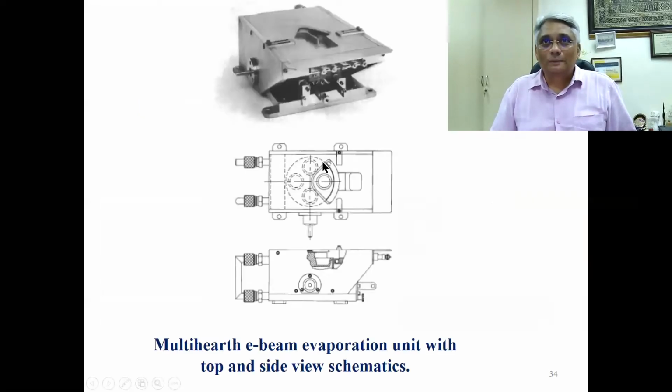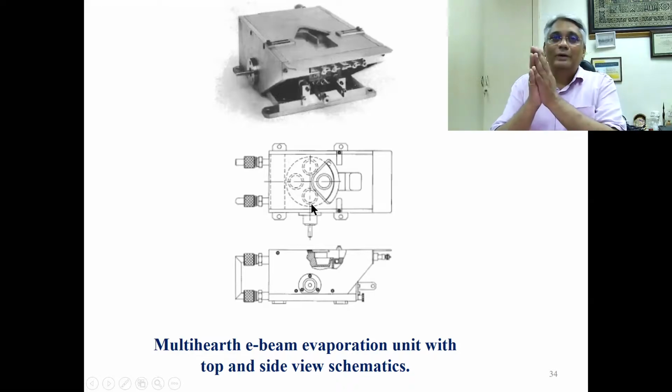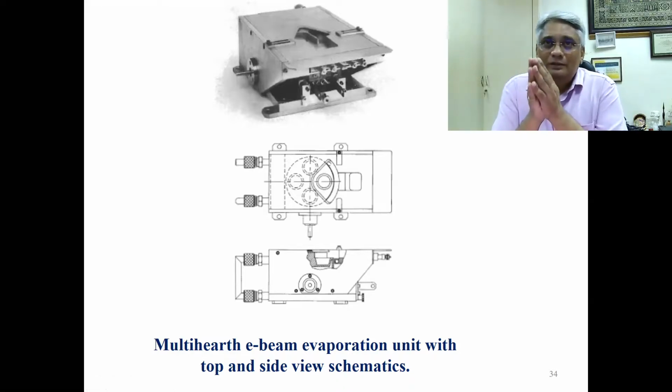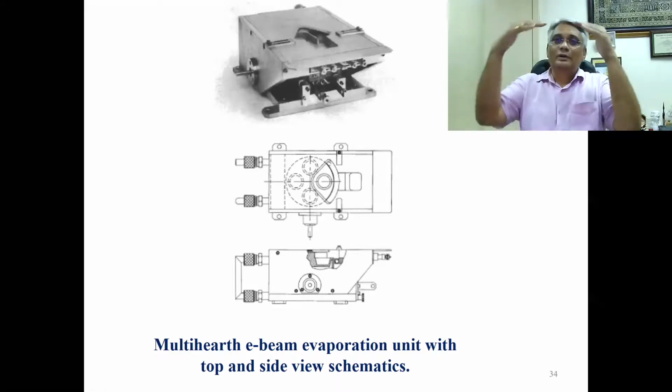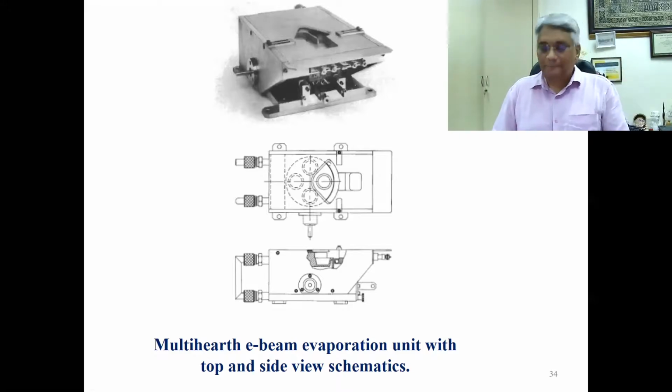So this is the shutter, and so I can only expose one charge here. The electron beam evaporates. Then I can move to the next one, third one, and by controlling the time and the amount of energy that is given to the system, I'll be able to get nice multi-layer deposition.